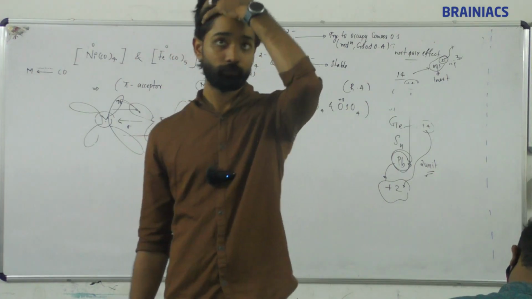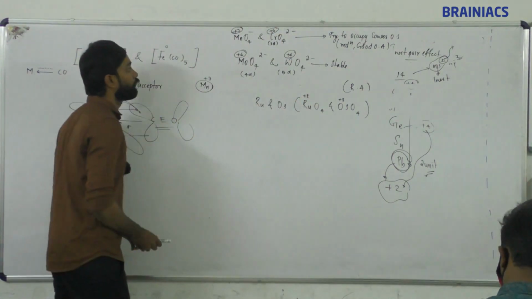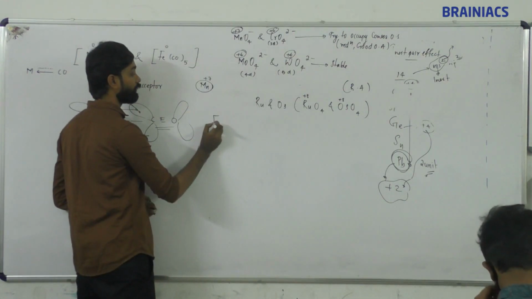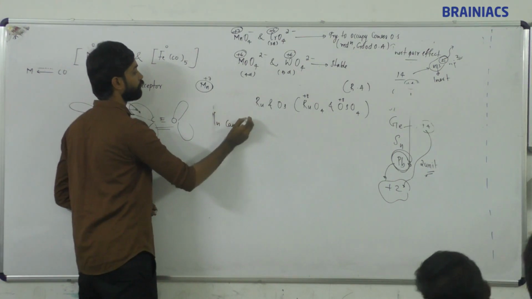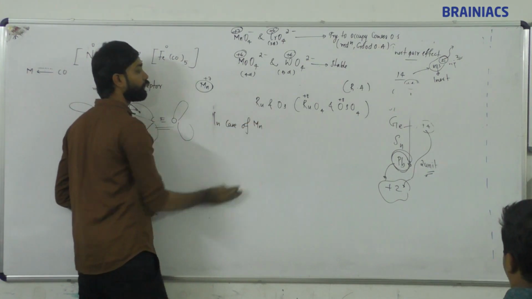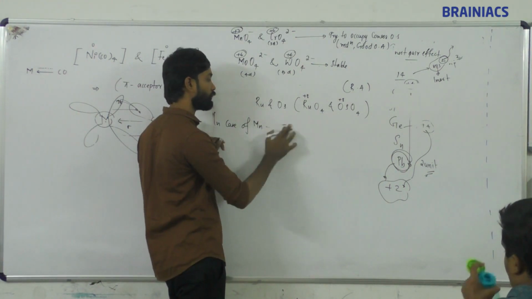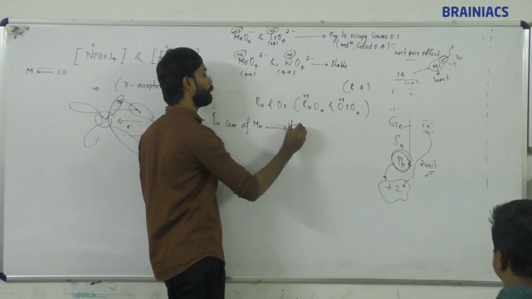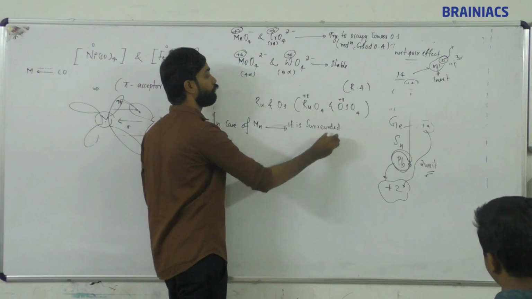Next point. In the case of manganese, it is usually surrounded by 4 members.